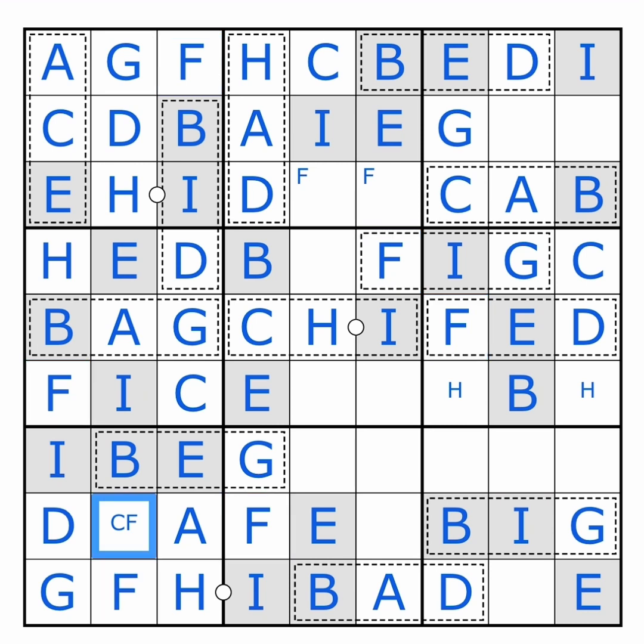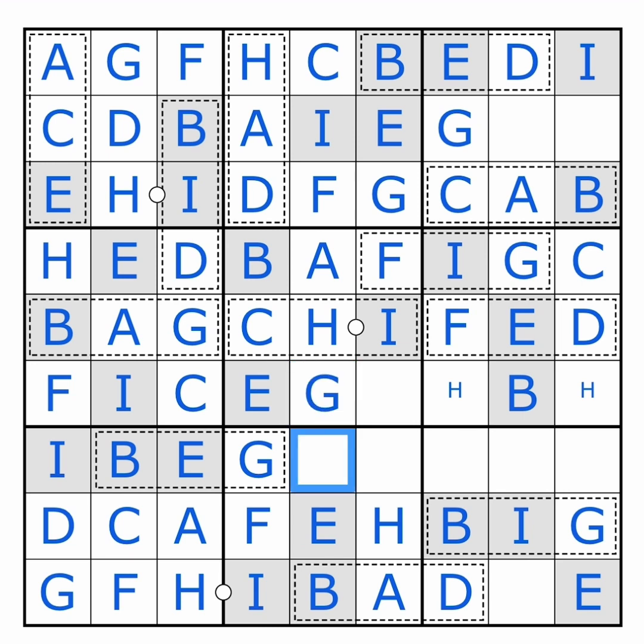Makes this the C. Last letter in the row is an H. Last letter in the row, A. There's an F up there because of this F. That's the last letter in the box, G. G in the column, in the middle box. Last letter, D. Last letter in the box, C.